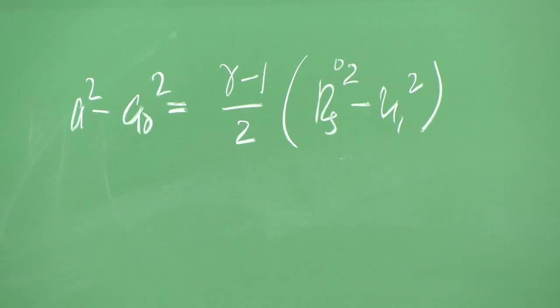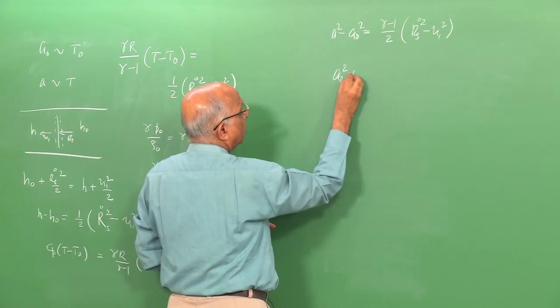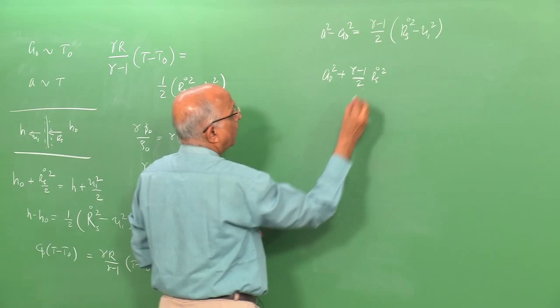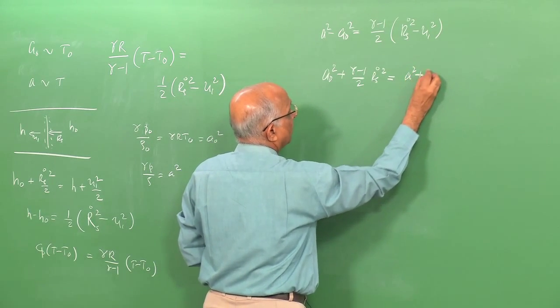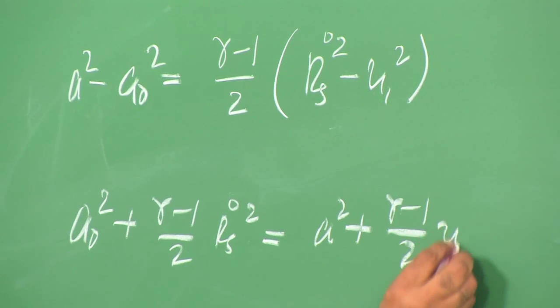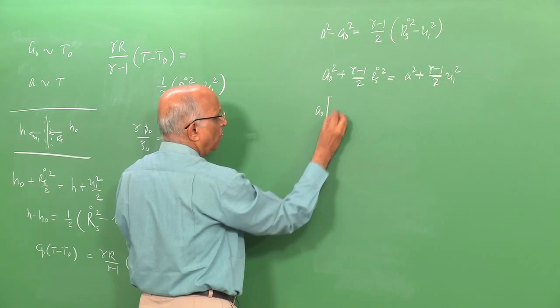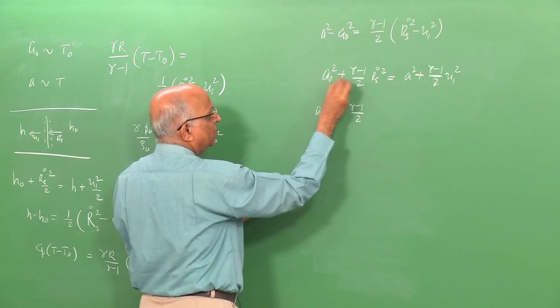Now, if I bring A0 and Rs dot together, I take it to the other side, I get A0 squared plus gamma minus 1 divided by 2 into Rs dot square is equal to A squared plus gamma minus 1 divided by 2 into u1 squared. Now, if I take A0 squared outside, I get A0 squared into 1 plus gamma minus 1 by 2 into Rs dot by A0 whole square.